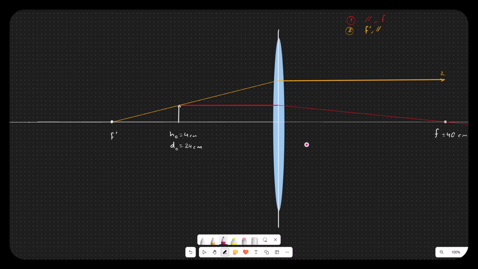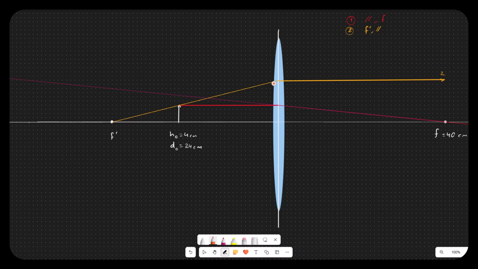Because they're not going to cross each other, I want to trace these backwards, and I'm going to trace the outgoing ray backwards. So I drew an arrow on the end of my ray, and that's to kind of give myself a reference point. I'm going to go from the ray that I've got and just trace backwards as much as I need to. And then same story over here.